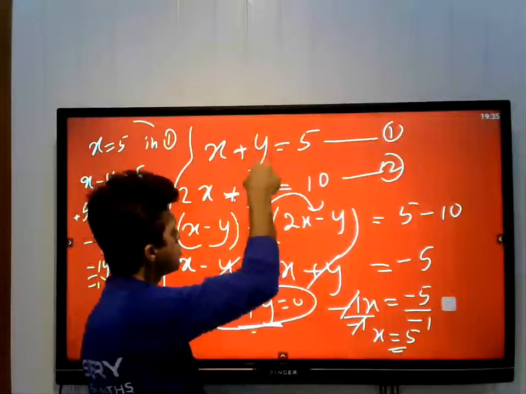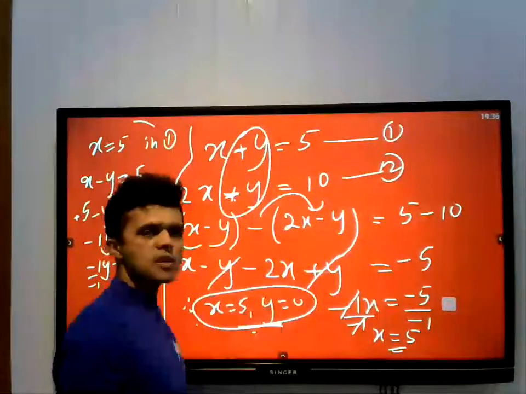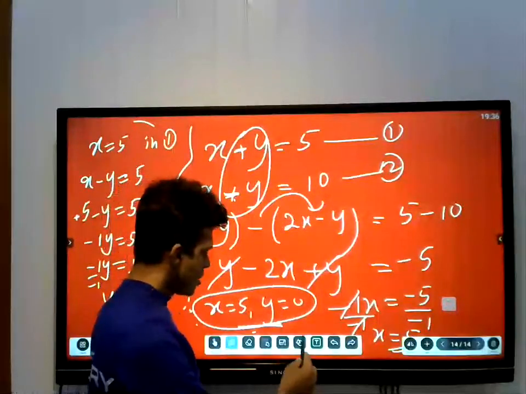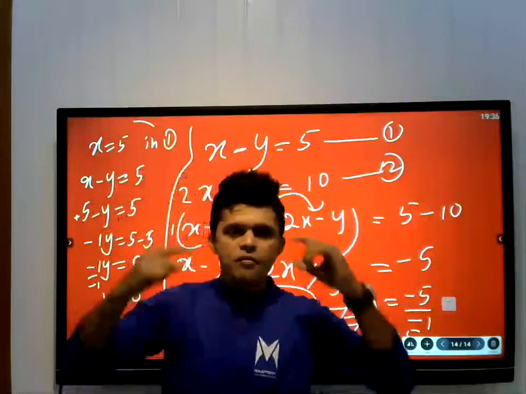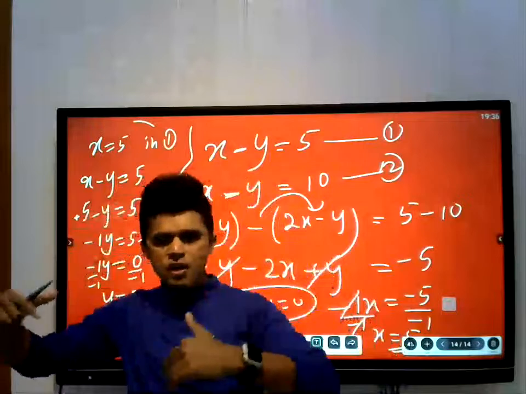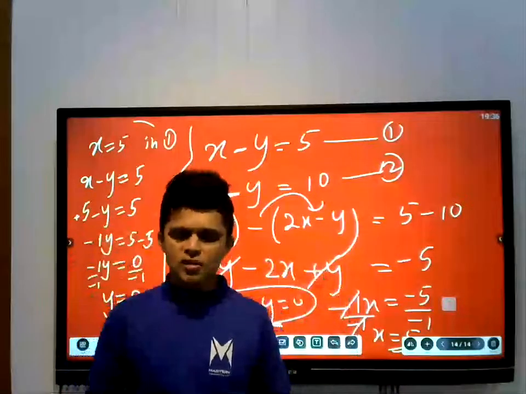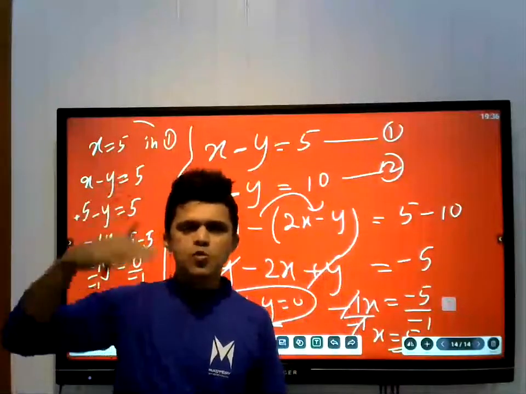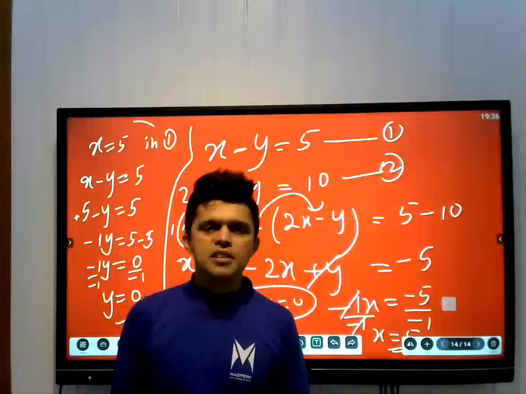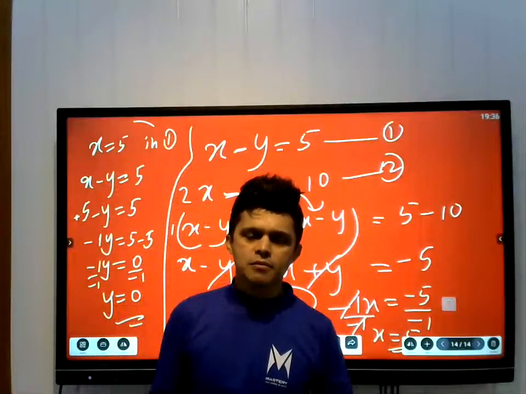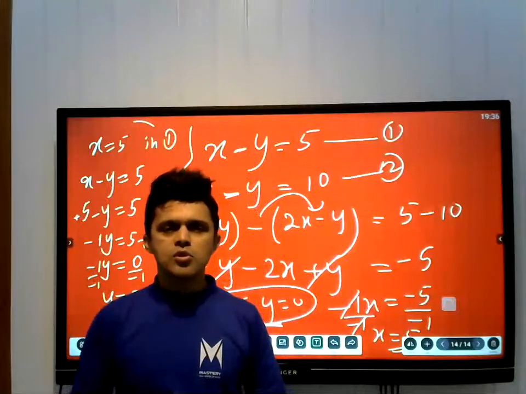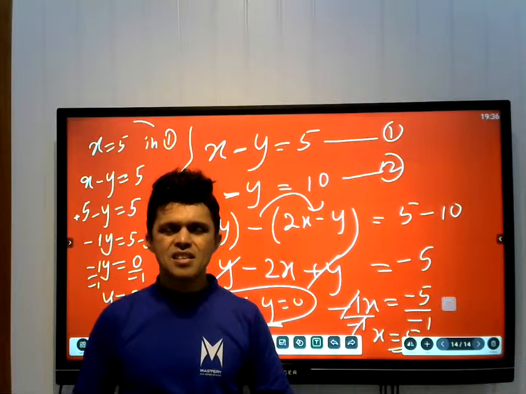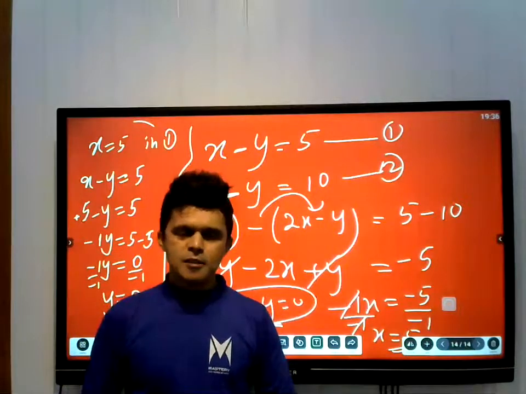If positive and positive, you also subtract the equations. If positive and negative, or negative and positive, in the term that you are going to remove, then the equations can be added.